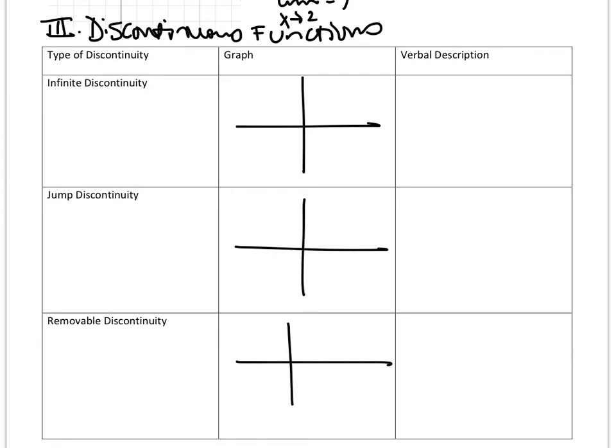An infinite discontinuity means at some x value, I have an asymptote, and on one side it's going to positive infinity or negative infinity, and on the other side, as it approaches that number, it's going towards the other one, positive infinity or negative infinity. Up here, it's going towards positive infinity. Down here, it's going towards negative.